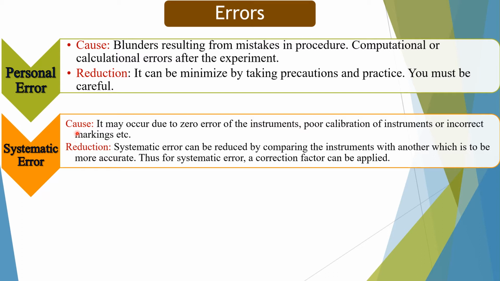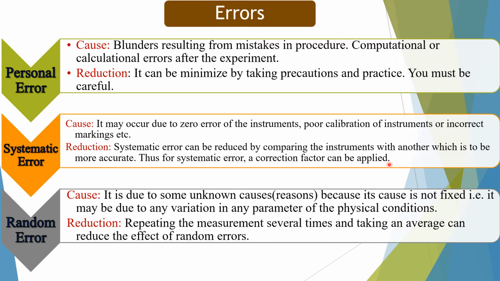So this error is due to the system, due to the instrument. Maybe the needle of the voltmeter is not fixed properly. How can we reduce systematic error? Systematic error can be reduced by comparing the instrument with another which is more accurate. Thus, for systematic error, a correction factor can be applied.